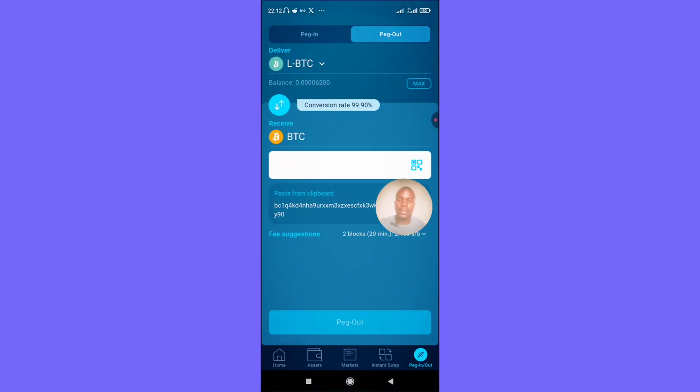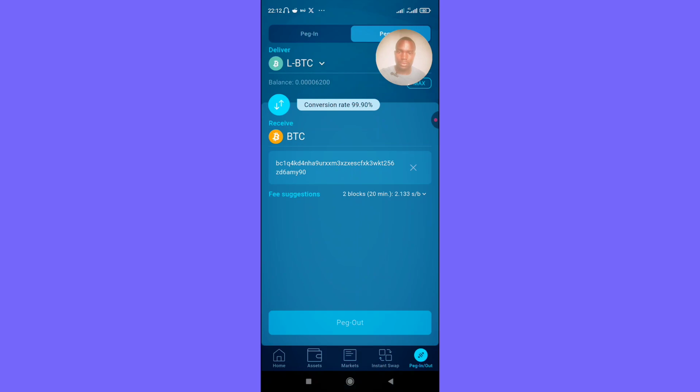Then we go back here. Under BTC, you need to put in the address that you want. I've just copied the address, and you can see this one is already detecting the address that I've copied. So in order to not miss anything, let's just paste that one. You need to get the address, and this address is for Bitcoin L1.